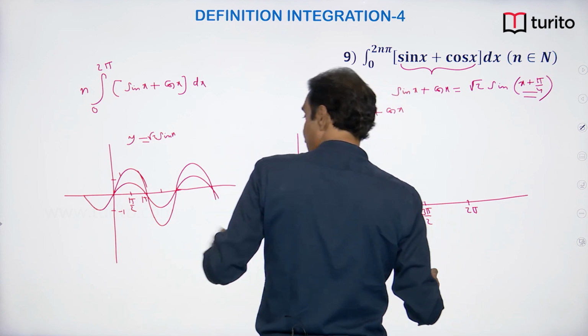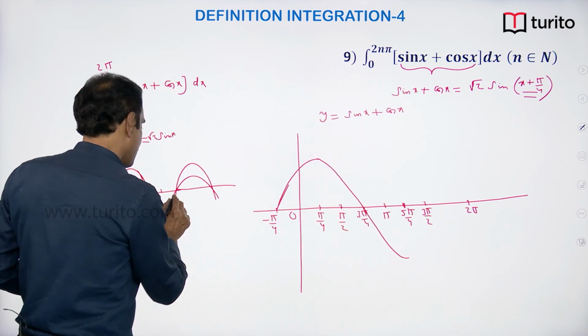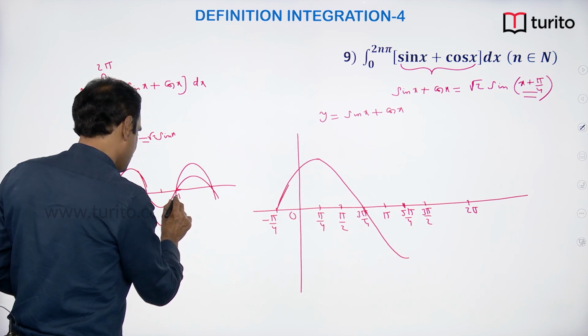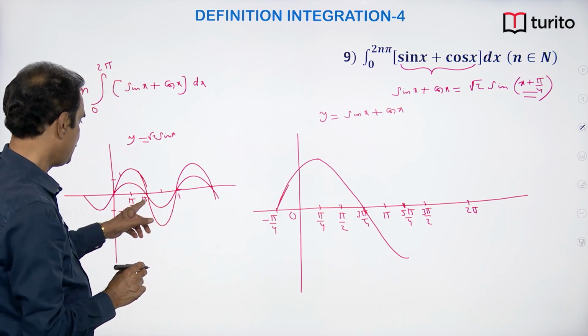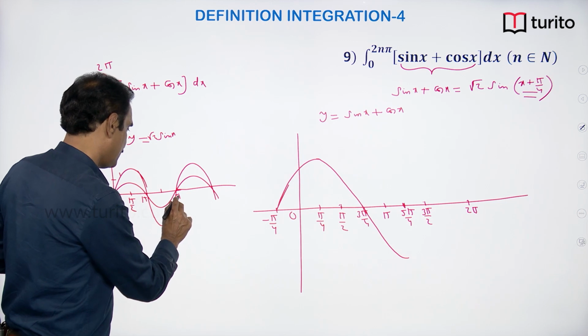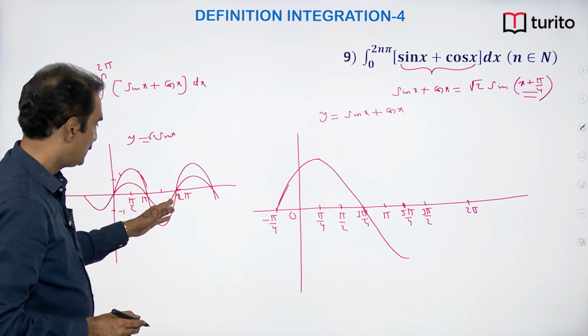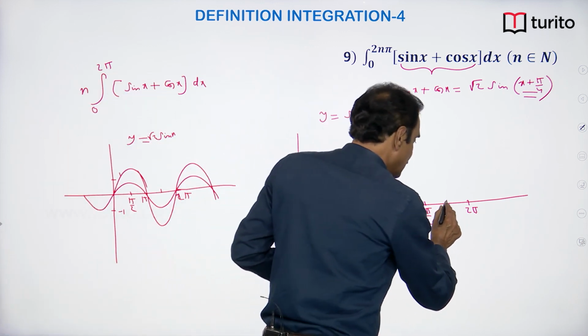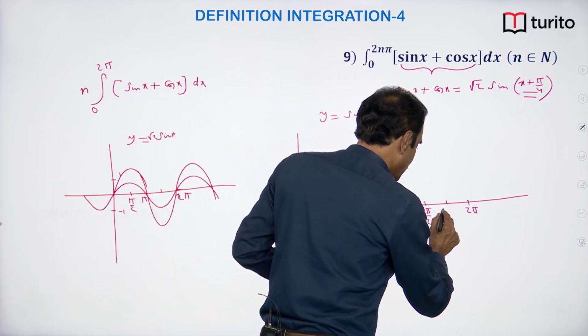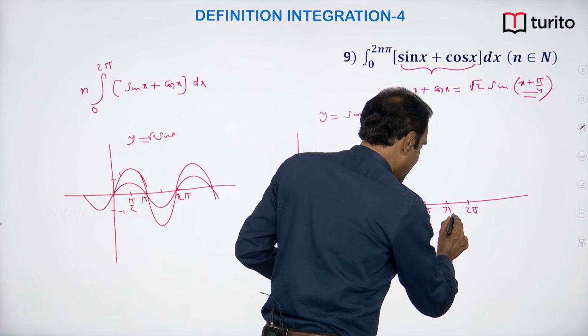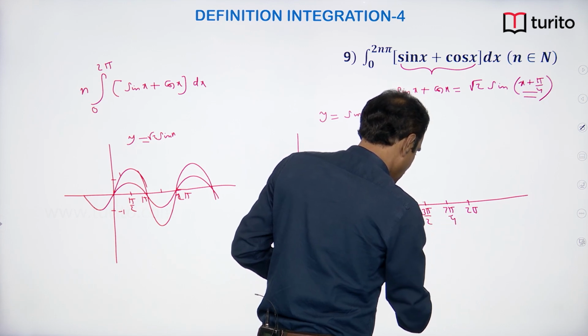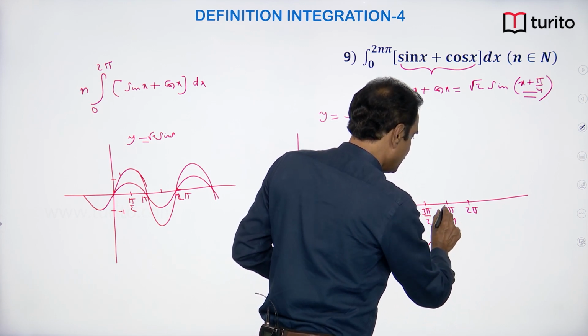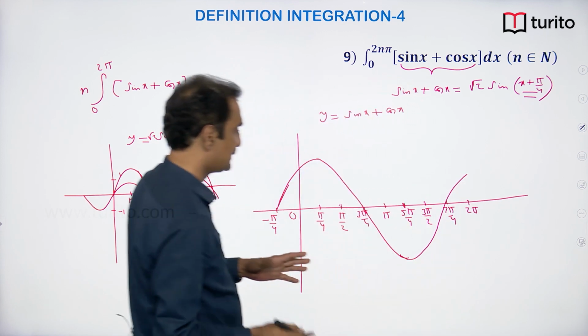Next, intersection point with 0 pi, this is 2 pi. Okay, this 2 pi will be shifted by pi by 4 units. 2 pi minus pi by 4 will be 7 pi by 4. So after getting the minimum, it will increase like this.